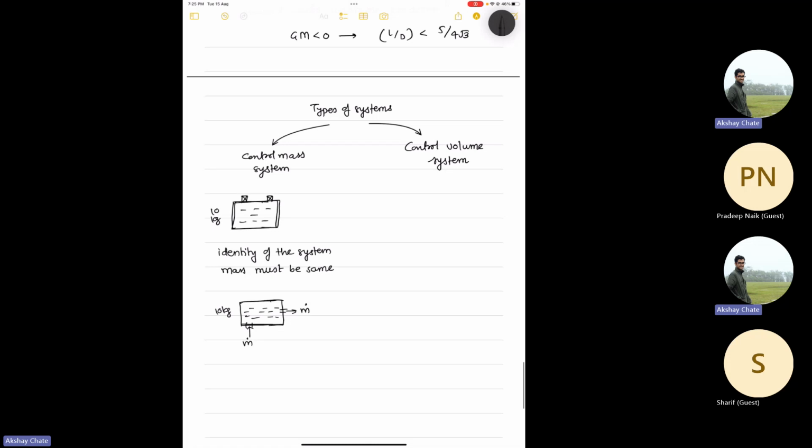At all times, the mass of your system remains 10 kg, but the water molecules inside the system are changing continuously. So this is not your control mass system. For a control mass system, there should not be any mass interaction with the surrounding, and the identity of the mass should also be the same. I hope you got my point.